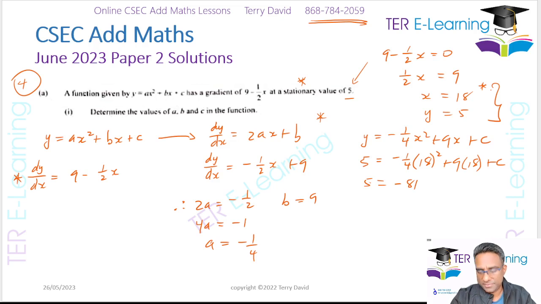And then we have 9 by 18. That's 162. Right? So we're going to get c is equal to, that'll be 5 plus 81 minus 162. And you're going to get minus 76.